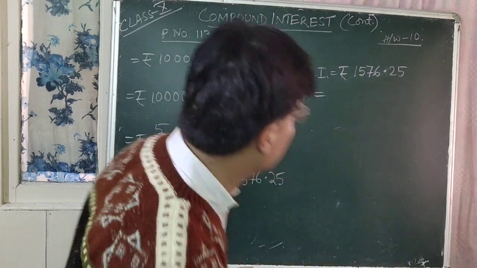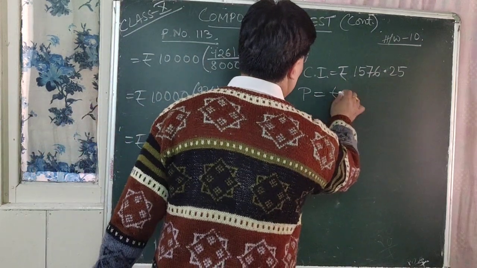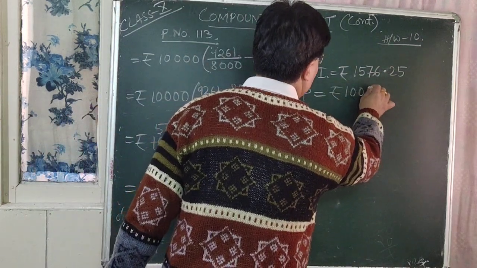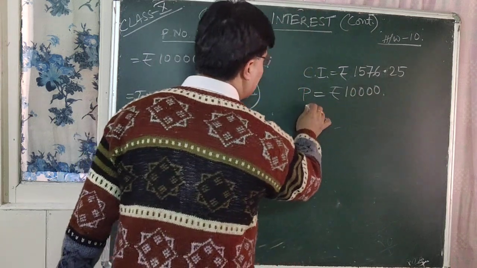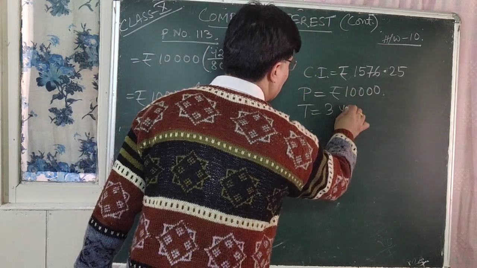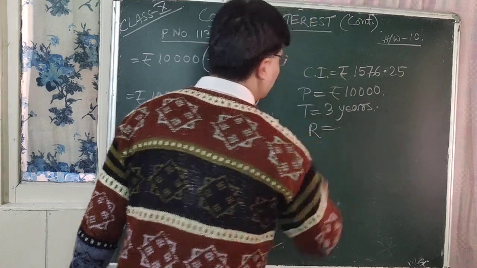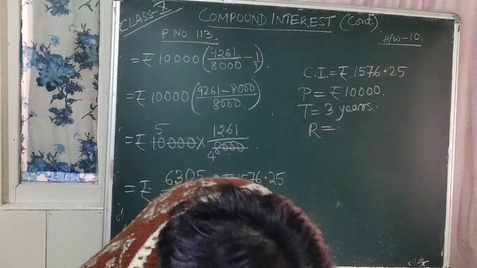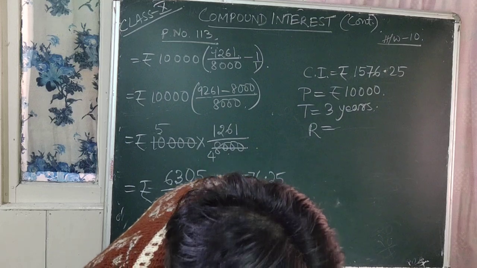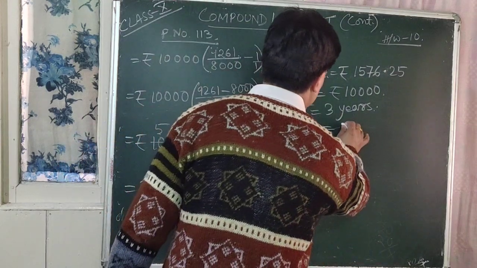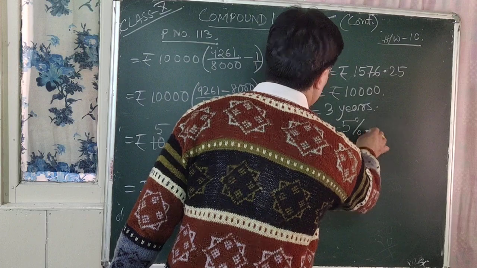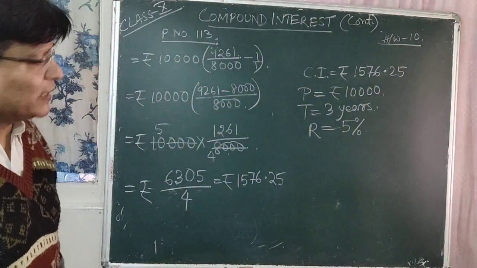The principle was 10,000. What is the time? Time is equal to 3 years. And what is the rate of interest per annum? The rate of interest per annum is 5%, right?